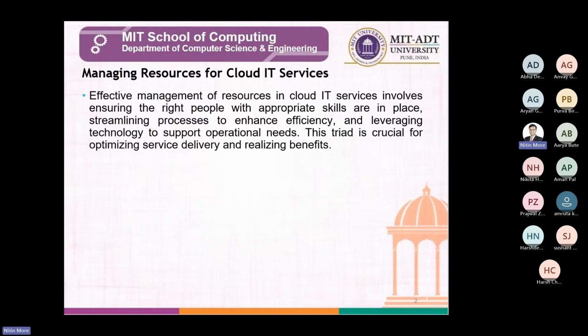That is the last T as a resource, technology to support operational needs. And these three important aspects, that is people, processes, and technology, are very important for optimizing service delivery and realizing the benefits, right?